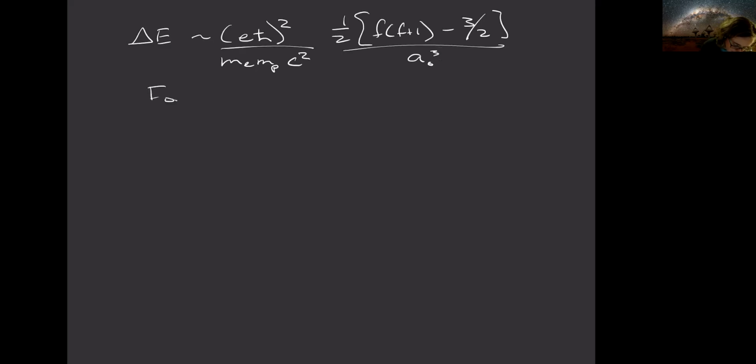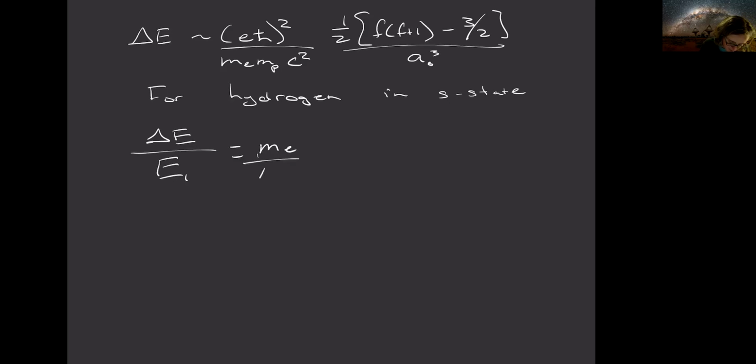And for hydrogen in its ground state, we have that the difference in energy over the n equals 1 energy is very simply mass electron over the magnetic moment of the electron.